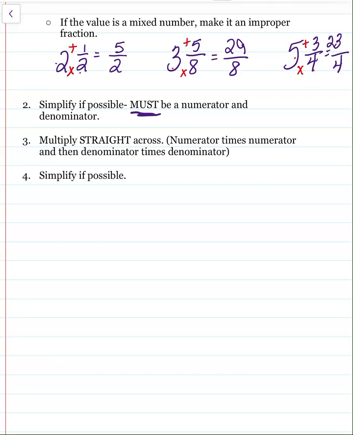And then our last step is we check to make sure if it can be simplified, we need to simplify it. Okay, so go ahead and write those steps down. Pause the video, write those steps down, and then we're going to do some examples. All right, so example number 1.